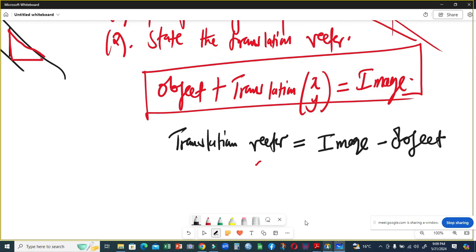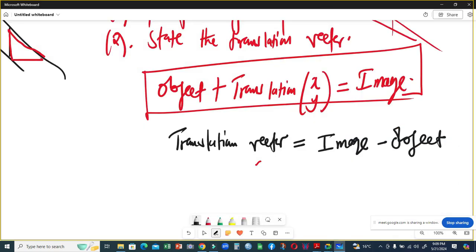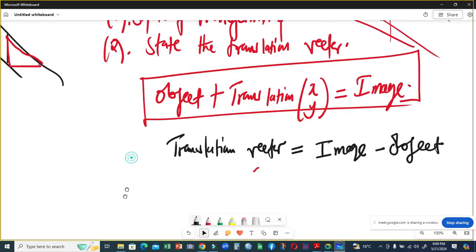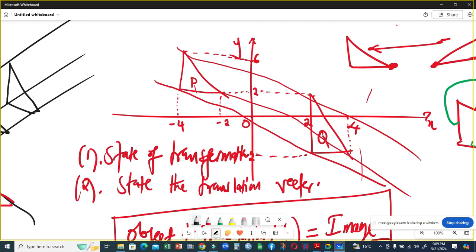Remember, these are just the coordinates. So we need to go back to the diagram and pick one coordinate of the object and its corresponding coordinate of the image.